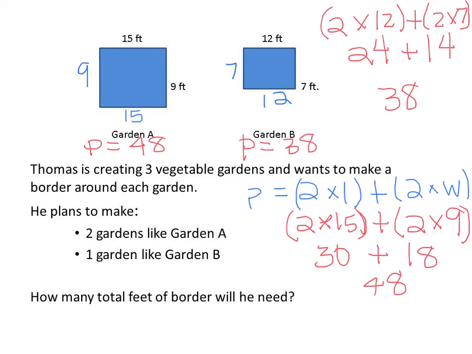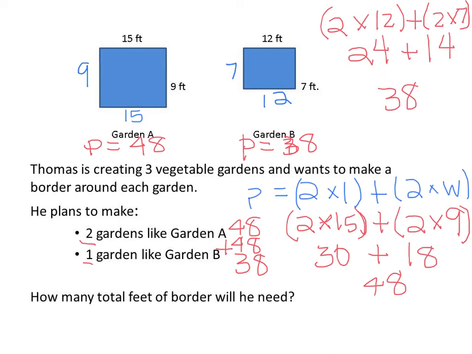And we need to think about how many of each type of garden Thomas is going to make. So he wants 2 like garden A. So that means I'm not just going to have 1 with a perimeter of 48. I need to have 2 with a perimeter of 48. And then he would like 1 like garden B. And garden B has a perimeter of 38.